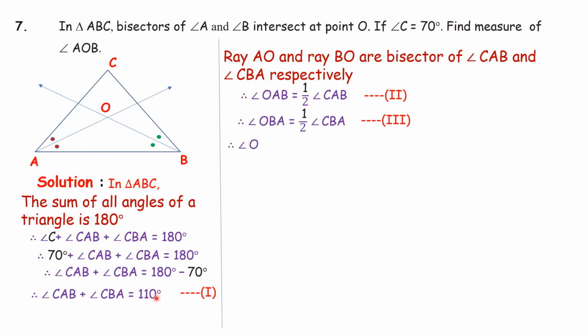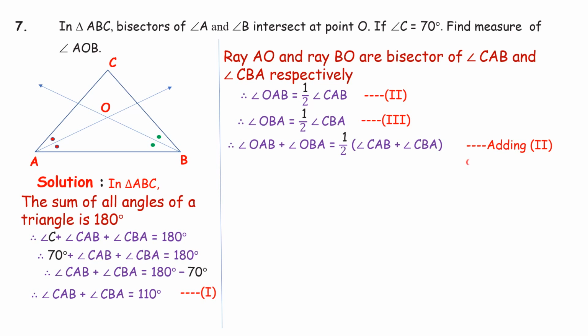Now from 1, the sum of these two angles is equal to 110 degrees. Now substitute the values. Therefore angle OAB plus angle OBA is equal to 1 upon 2 into bracket 110, is equal to 55 degrees.